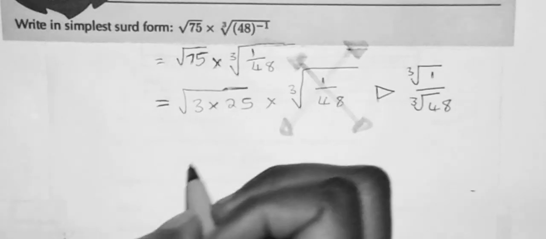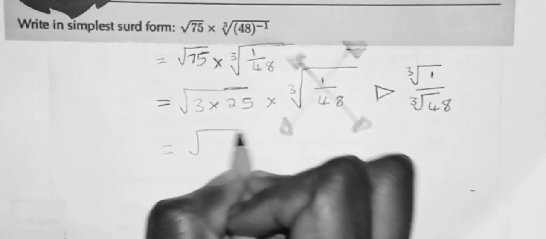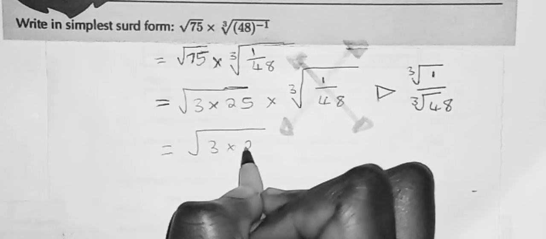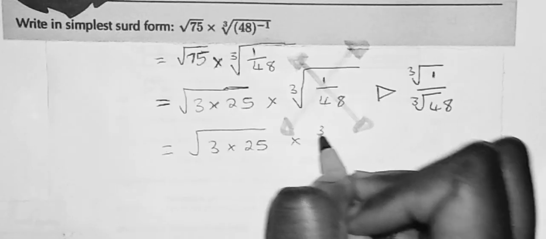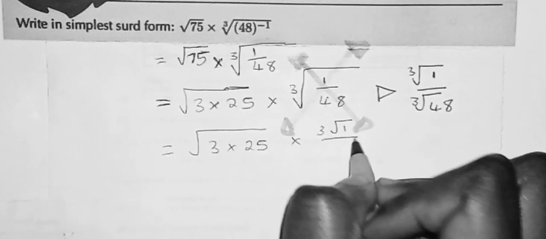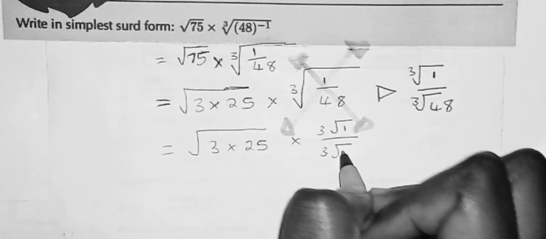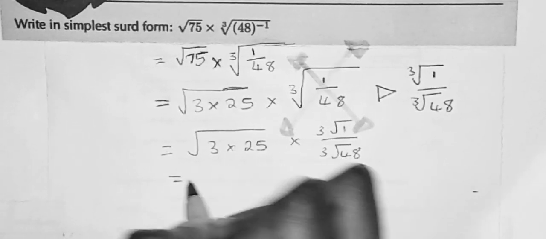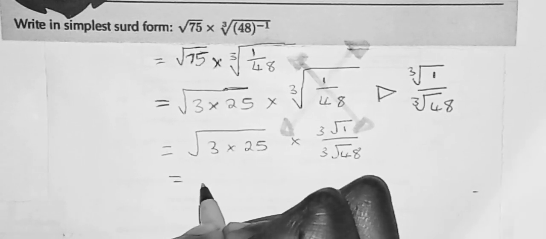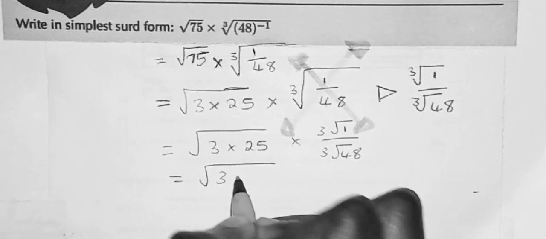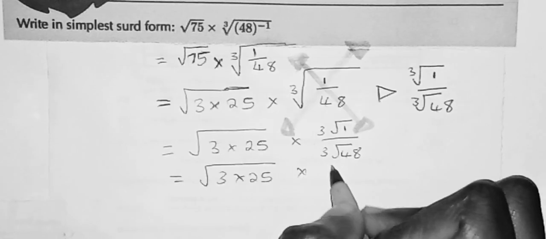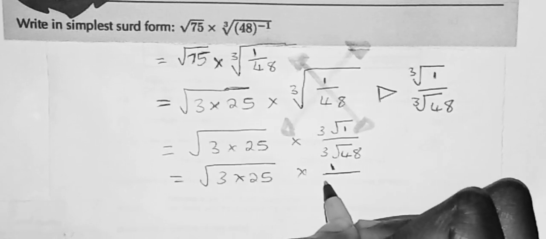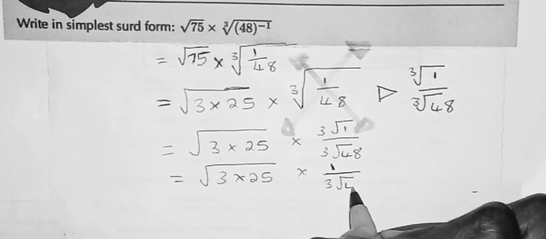So let's move forward. So we have 3 times 25 and also 1 over the cube root of 48. So it equals the square root of 3 times 25 times 1 all over the cube root of 48.